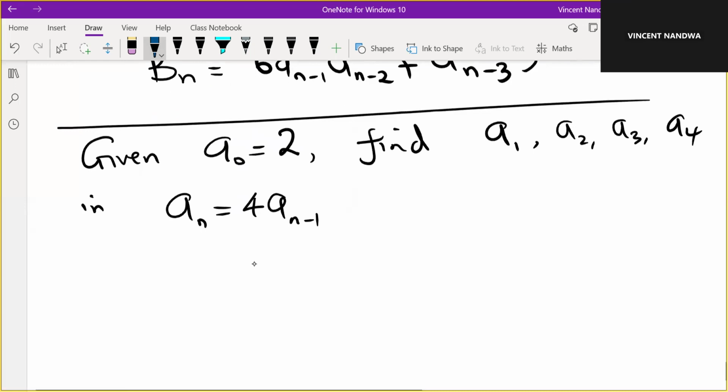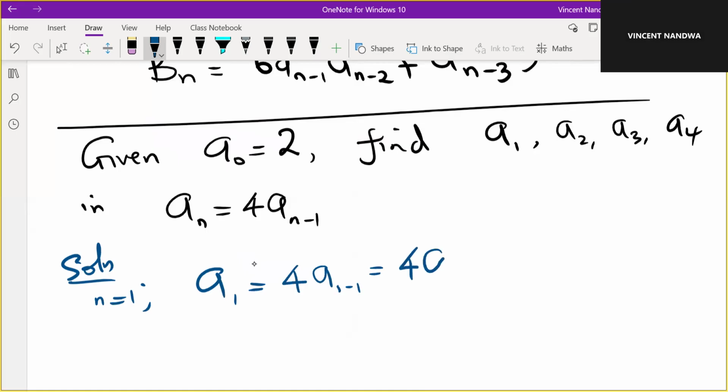So this means that when n is 1, our relation will be a_1 equals 4 a_{1-1}. So which will be 4, 1 minus 1 is? What is the value of 1 minus 1?